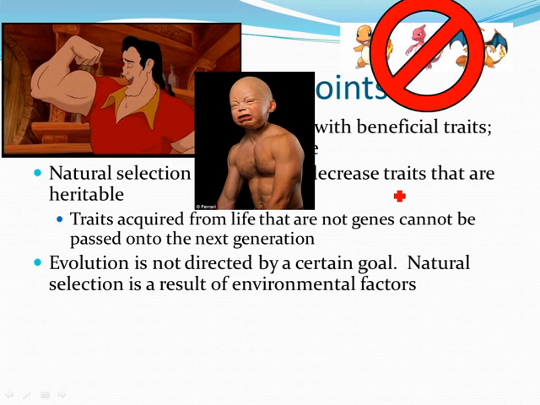Like we were talking about with the white and black moths that we saw earlier, we're not making a particular moth that will be beneficial for its entire existence. It just depends on the environment. At one point in time, it was more beneficial to be a white moth in that type of environment, but when the environment changed, it was more beneficial to be the black moth instead.